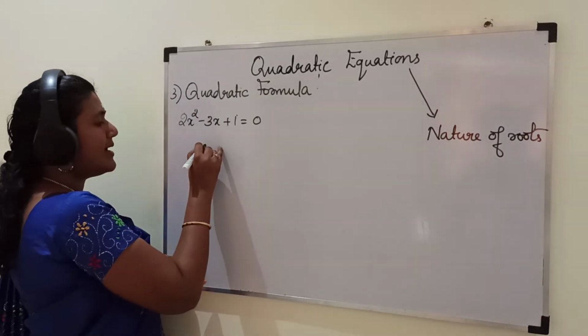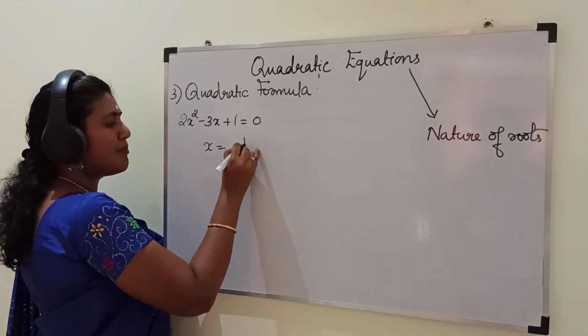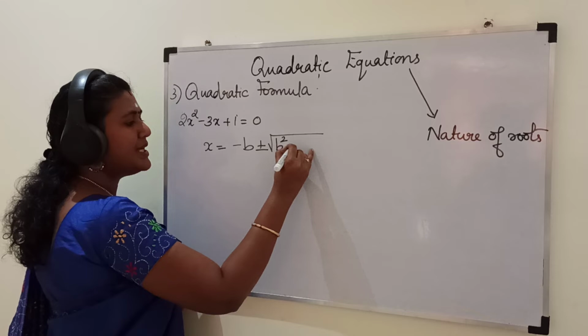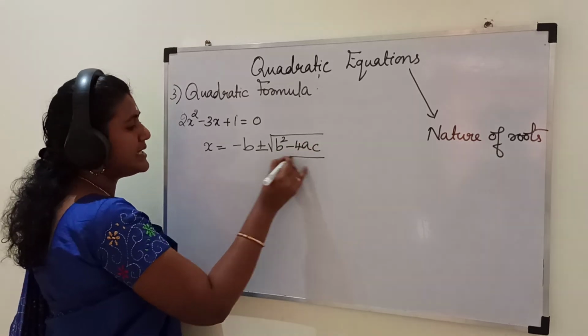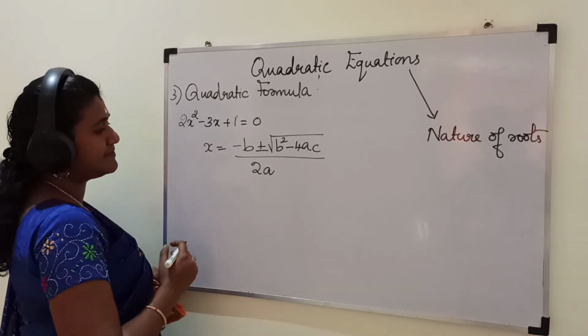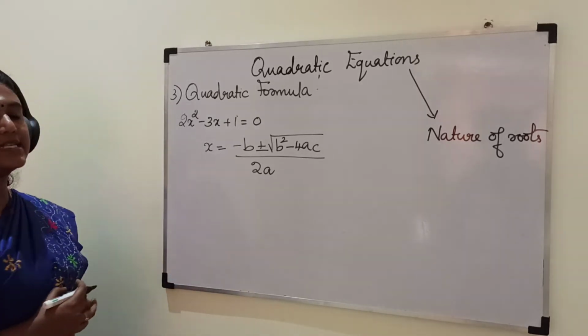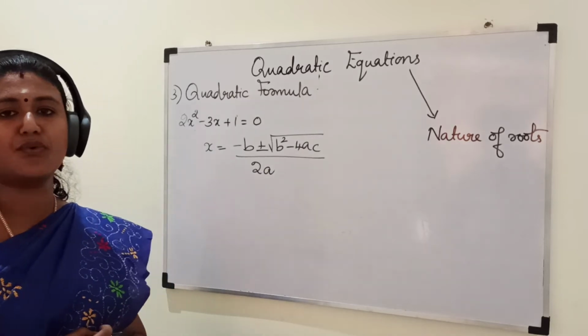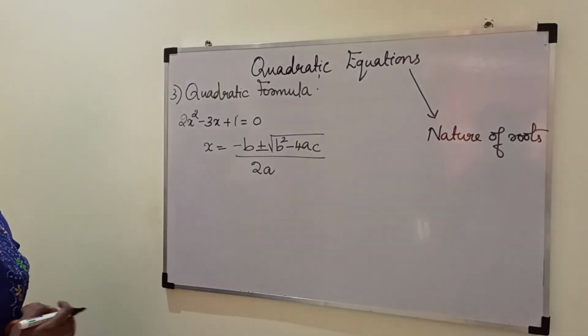The formula is x is equal to minus b plus or minus root of b square minus 4ac, divided by 2a. This is the formula.